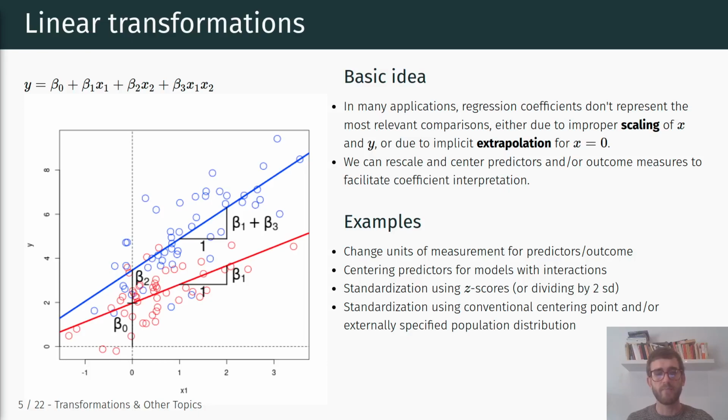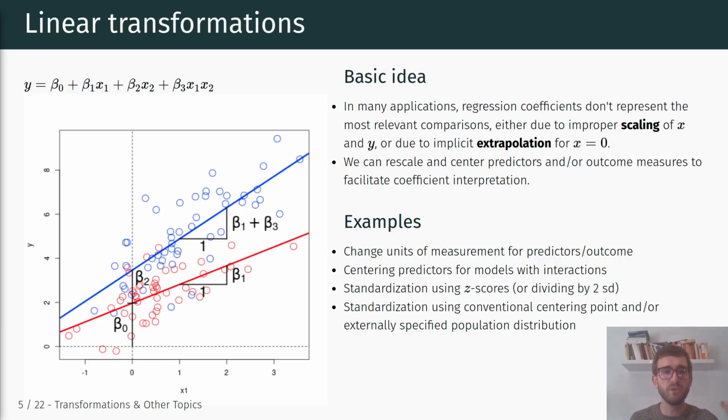Okay, and the advantage of looking at a 2 standard deviation change, so going from -1 standard deviation to +1 standard deviation, for example, is that this is roughly equivalent to the comparison to dichotomous indicators, right?